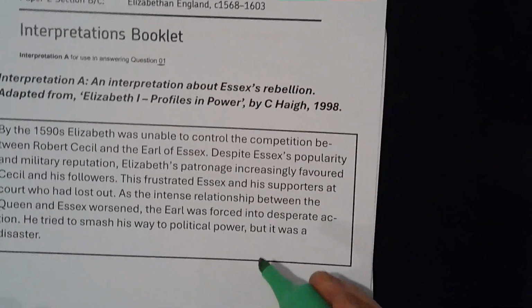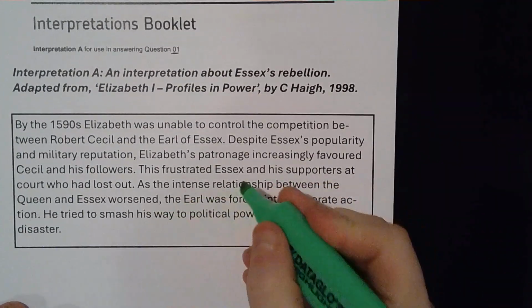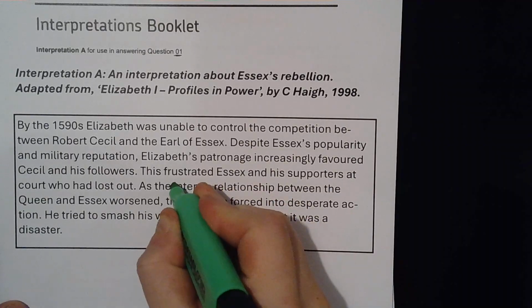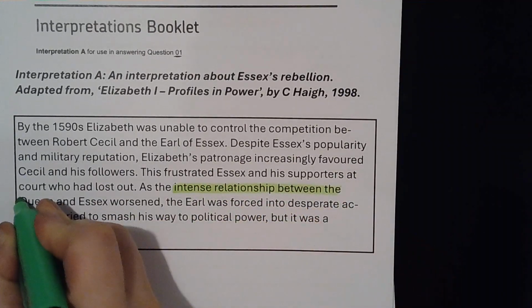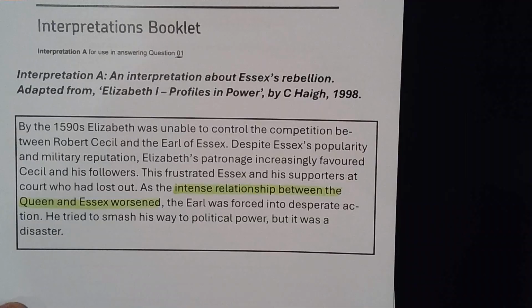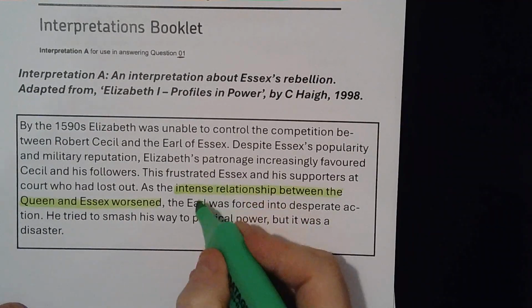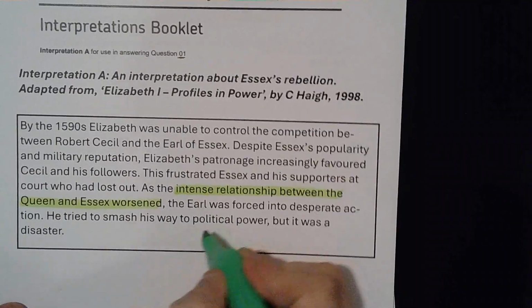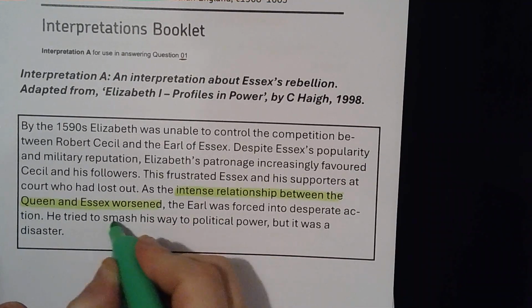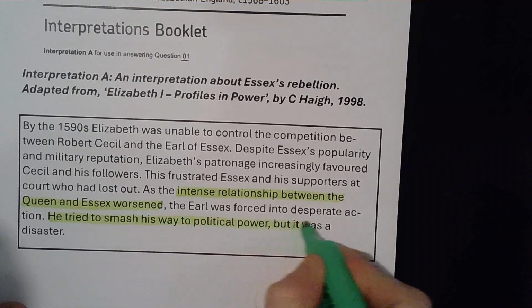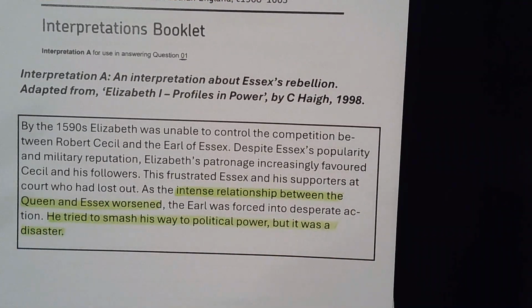So for example, I might say that we know that he had an intense relationship between the Queen and Essex, but it worsened. Now that tells me one of the causes of the rebellion, and it talks specifically about the rebellion here where it says he tried to smash his way to political power, but it was a disaster. So those are my 2 quotes.